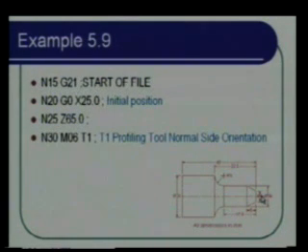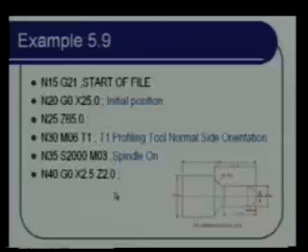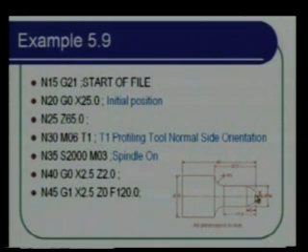Okay, then get the tool that is required, tool number 1, start the spindle and go, and then bring the tool to a point which is X 2.5 and Z 2. So we come to a point which is very close to this, and then touch the surface.